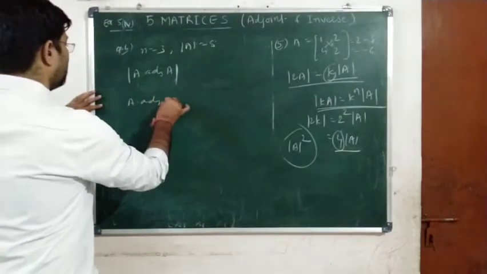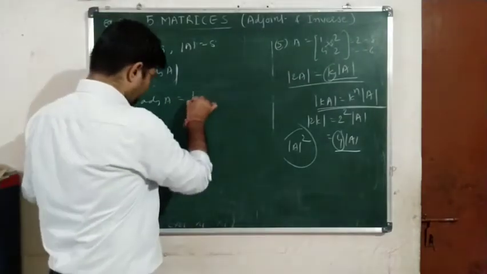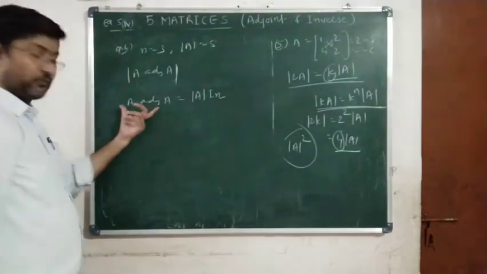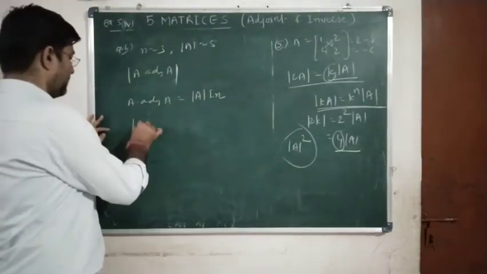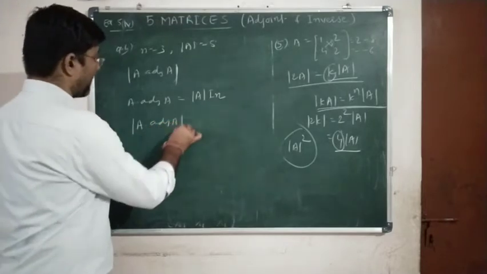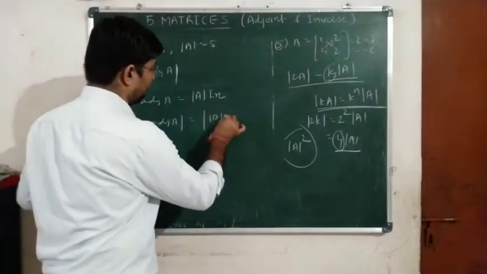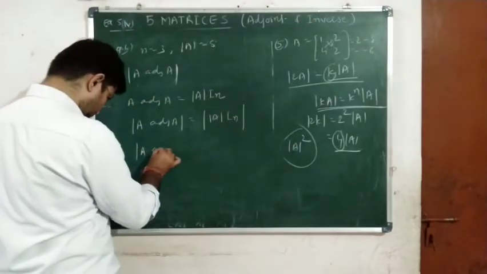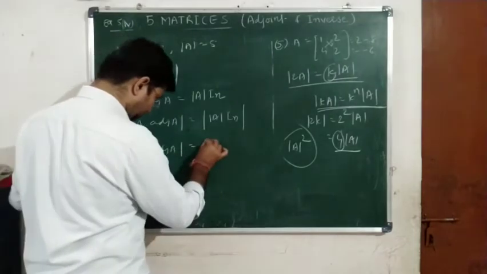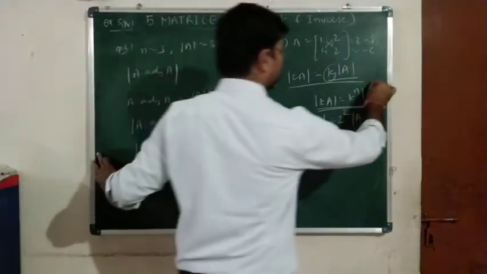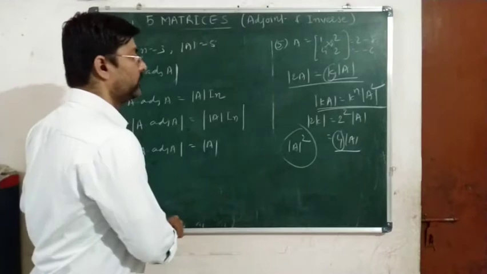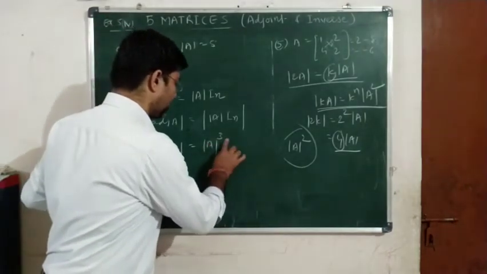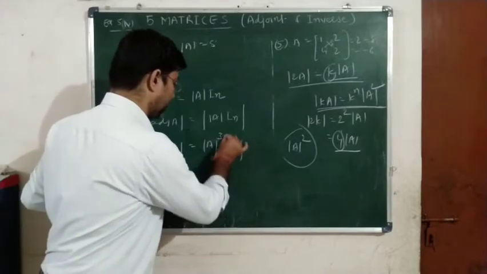A into adjoint of A is equal to determinant of A into In, therefore determinant of A into adjoint of A is equal to, now use this property, determinant of A raised to n, that is 3, into determinant of In.